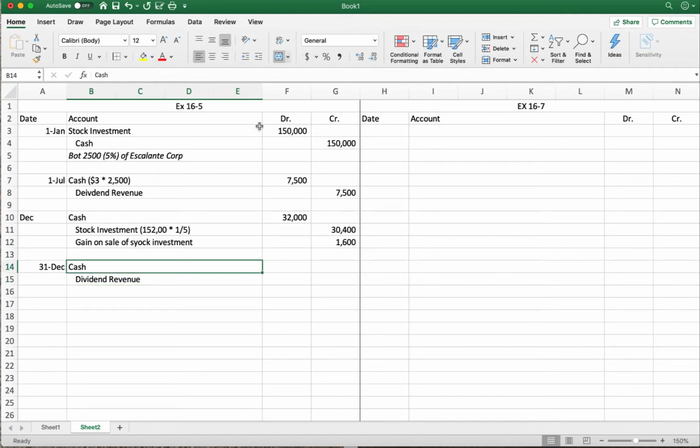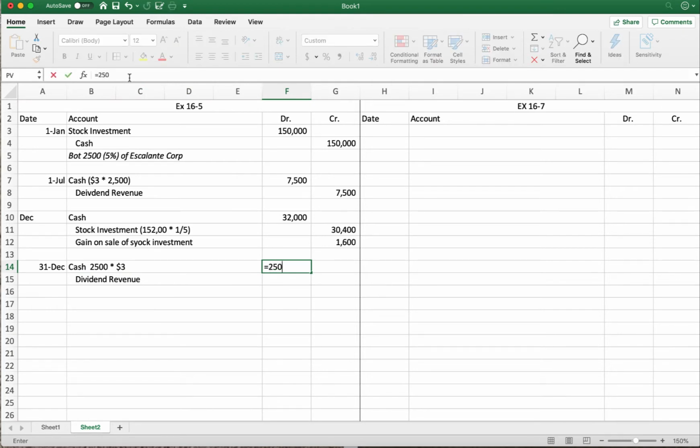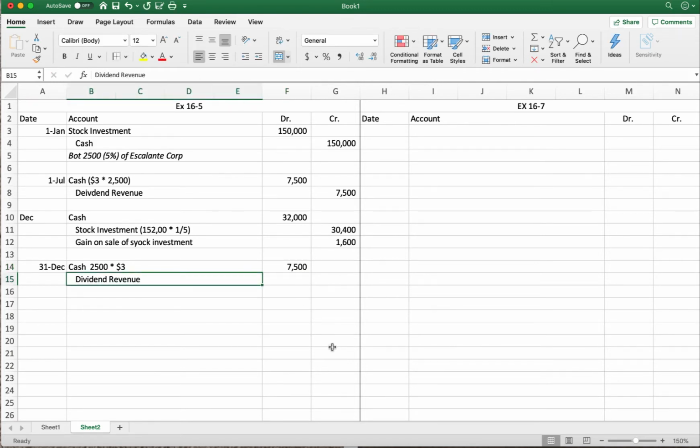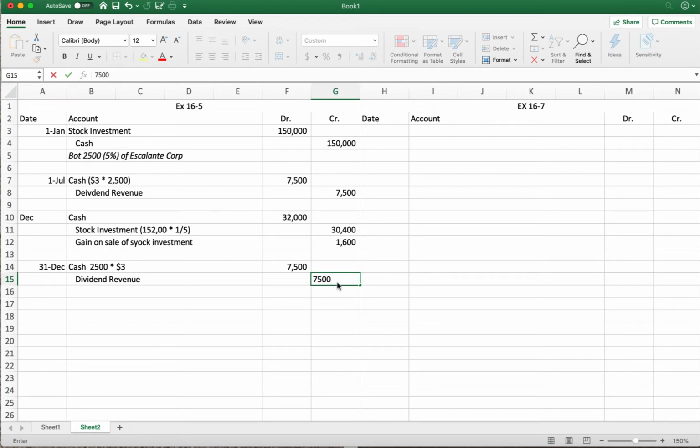So how many shares of stock do I have? Well, let's see here. It said we bought 2,500 shares, and the dividend is $3 a pop. Let's see here, 2,500 times 3. $7,500 in dividends. Sweet. Dividend revenue, $7,500.